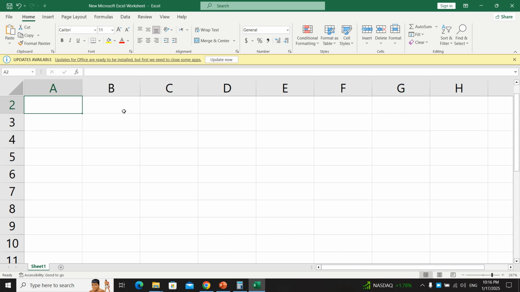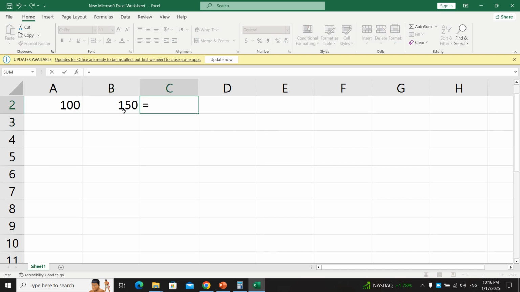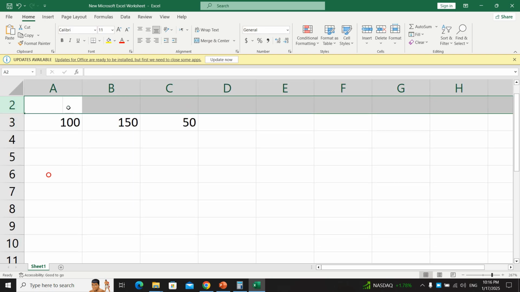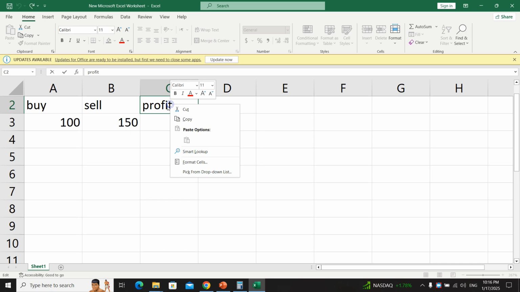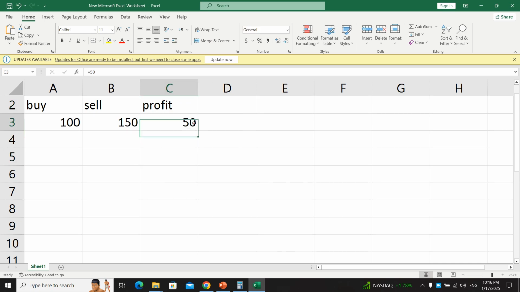For example, we buy something at 100 and sell it at 150. We make 50 profit. Am I right or wrong? What's the problem? We make 50 profit or not?